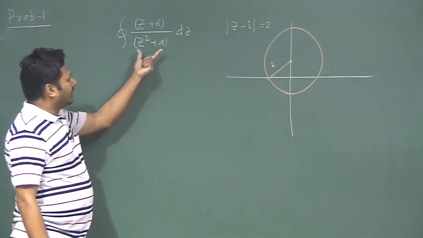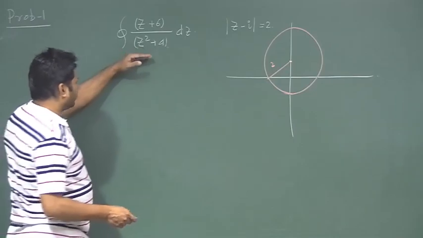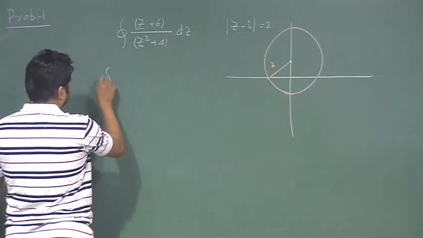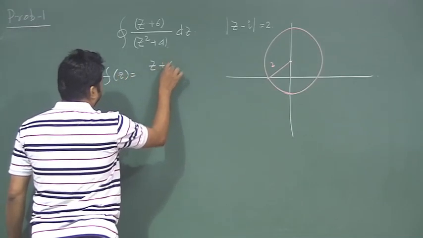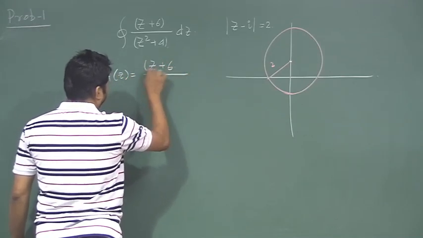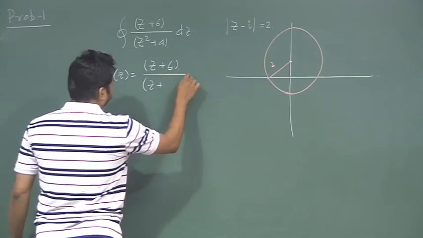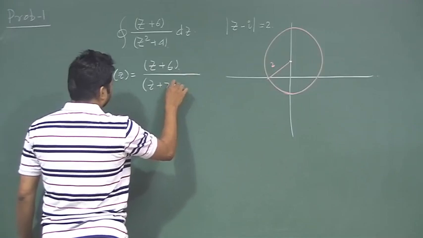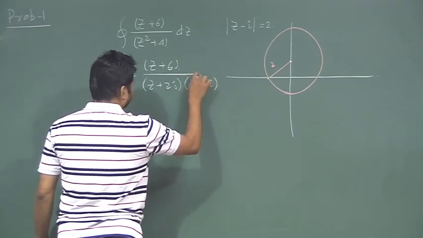Now this is the function. I need to find out for this function, (z plus 2i)(z minus 2i), the function is written in this way.